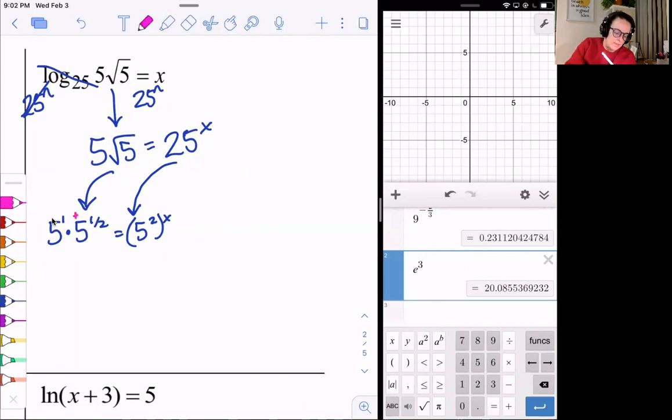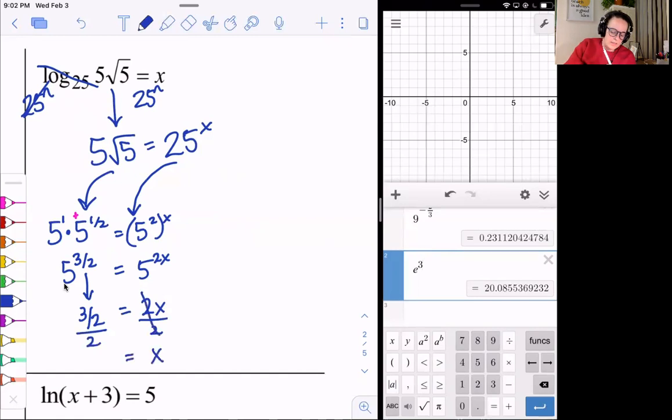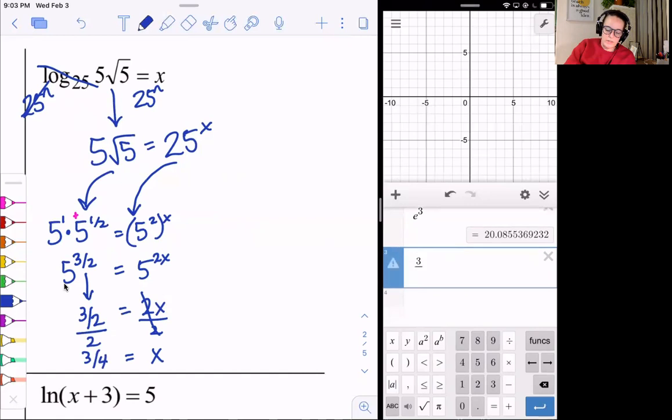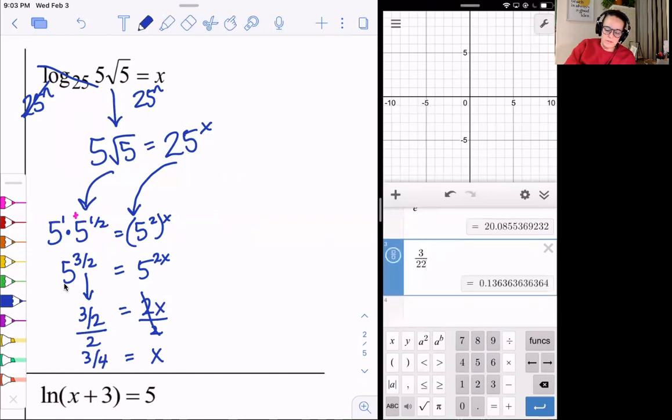Remember, I add my exponents, so I'd have 5 to the power of 3 halves equals 5 to the power of 2x. My bases are the same, so I would have 3 halves equals 2x. Divide by 2.